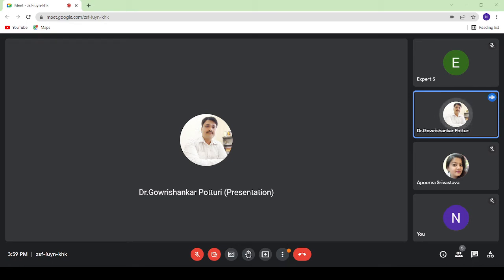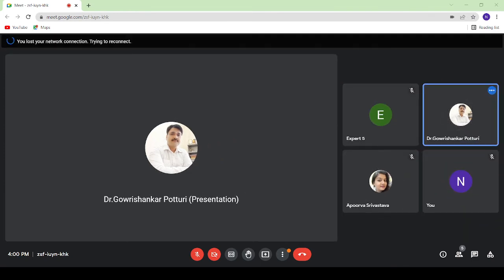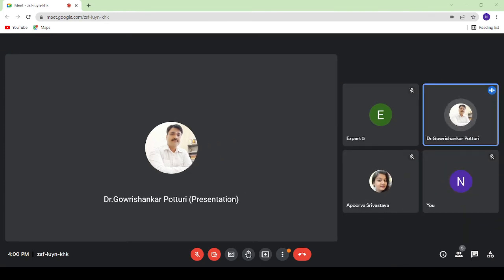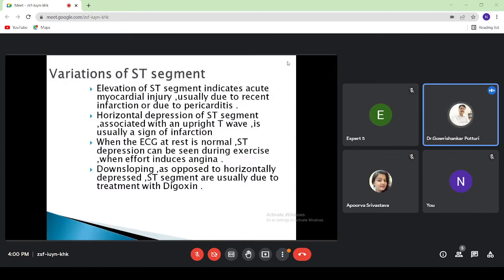So if you really want to find out whether the patient is suffering from coronary artery disease, exercise ECG is important, because in exercise ECG the ST segment changes will occur clearly when compared to the resting ECG.